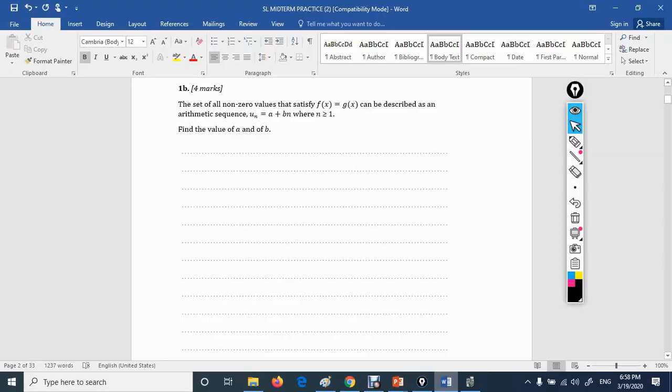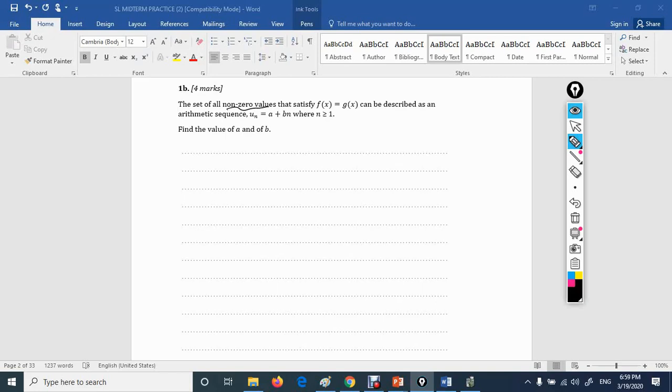Very well now. So we're going to work on question 1b. Question 1b, as we can see here, says the set of all non-zero values that satisfy f of x equals g of x can be described as an arithmetic sequence.